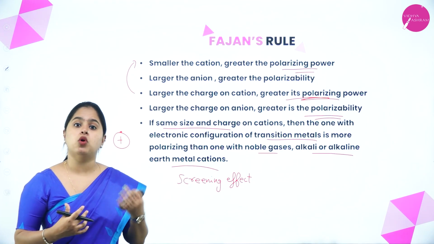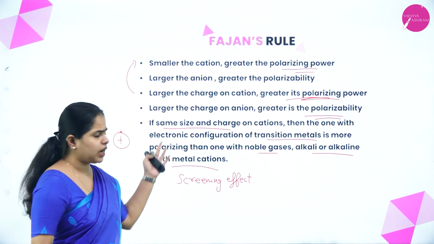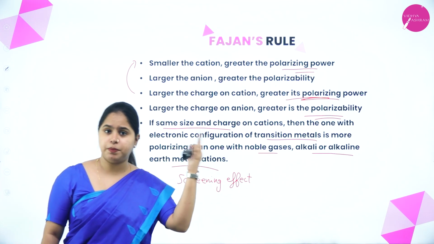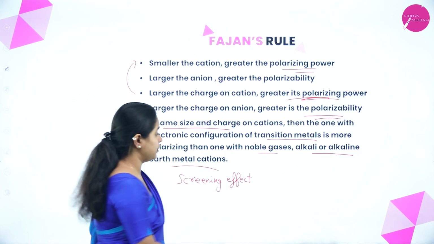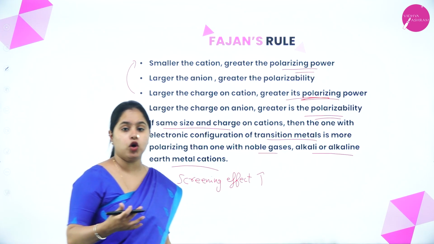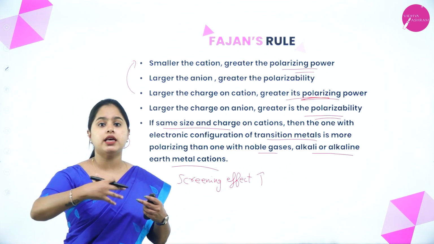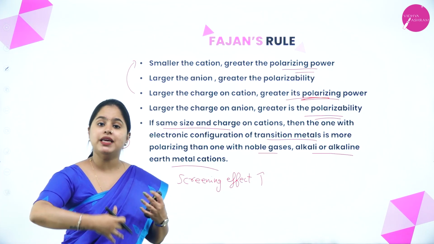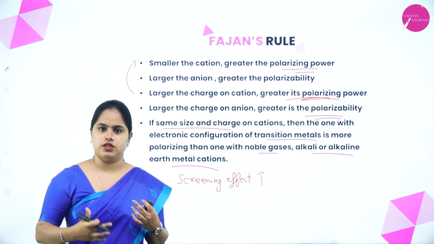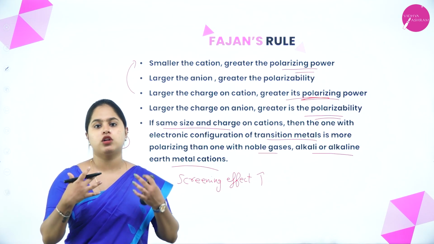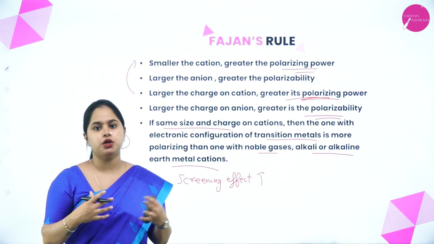So the polarizing power increases. But coming to the case of s and p block elements, their screening effect is more. Screening effect is more means they do not allow the nucleus to completely attract the outermost electrons. So the polarizing power of those cations will be less.